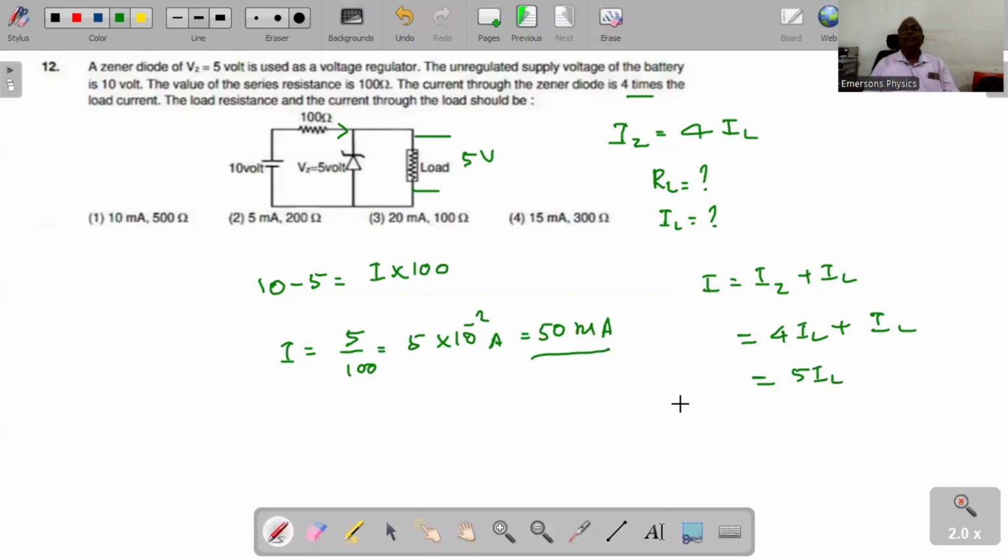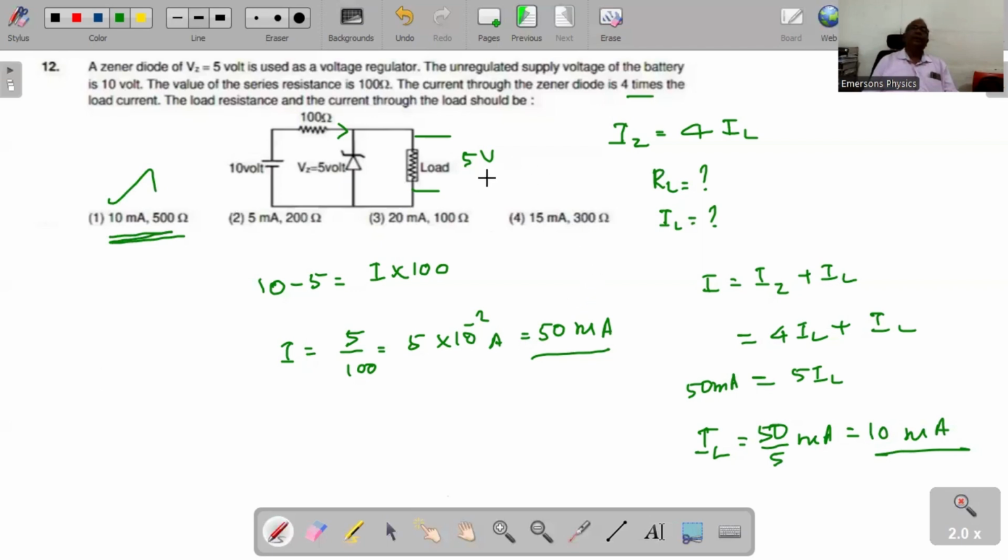I is nothing but 50 milliampere. Then it is clear IL is nothing but 50 by 5 milliampere, which is 10 milliampere. That's all. So first answer we got. This should be the answer. Anyway, we will calculate load resistance also.